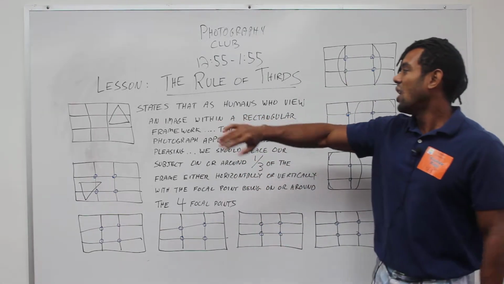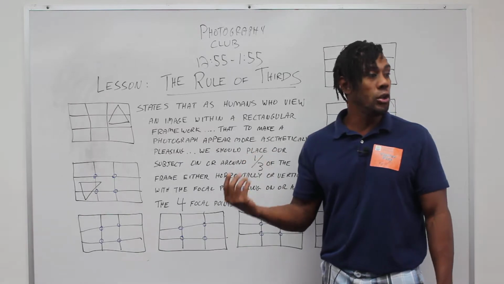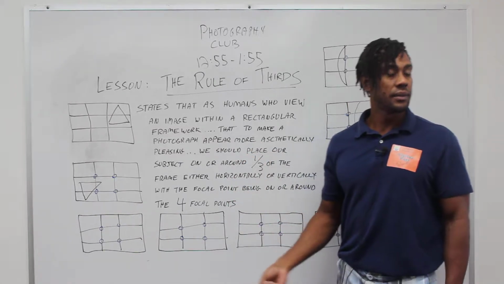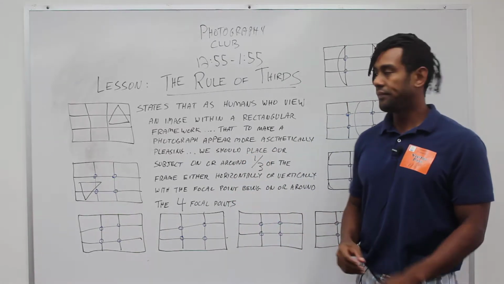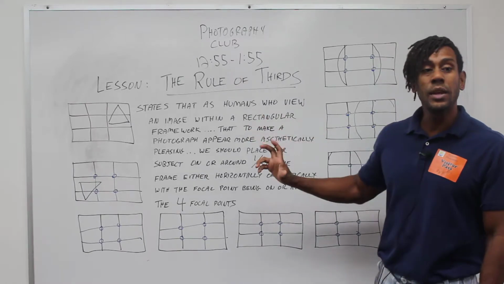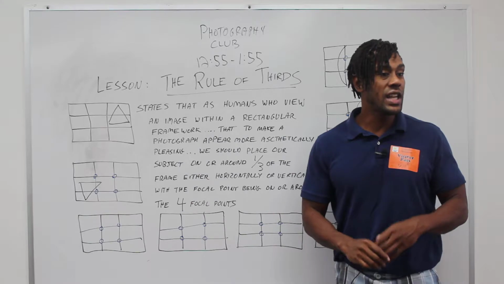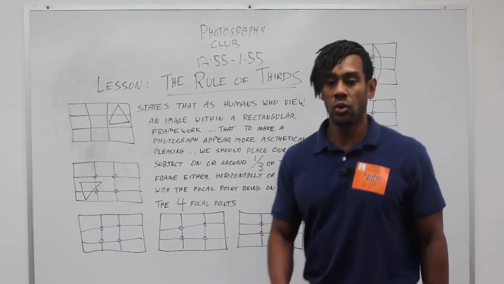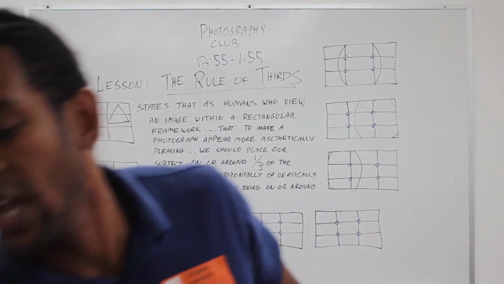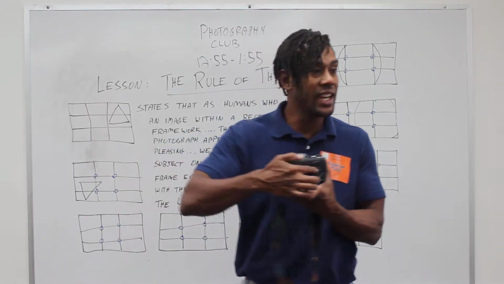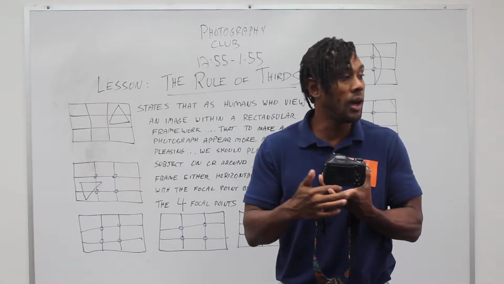Okay. So it states that as humans, thank you for your quiet attention, who view an image within a rectangular framework, and by the way, whenever we take photos, you notice it's in a rectangular box, right?